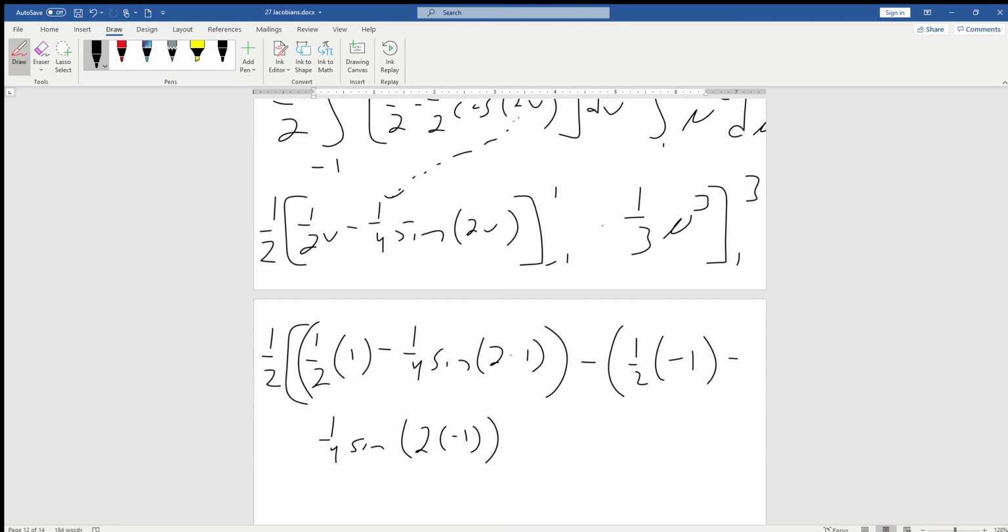All right, that takes care of that bracket. Now we multiply that by 1/3 of 3 to the 3rd minus 1 to the 3rd.